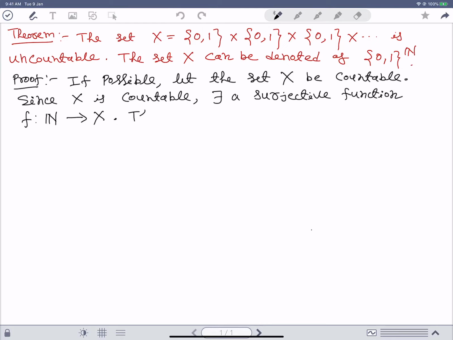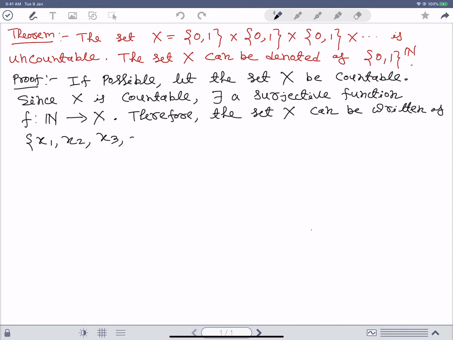Therefore the set X can be written as an infinite sequence, say x1, x2, x3 in this way, where xn is actually f of n for all n belonging to the natural numbers, right? We have already seen that. So if we have a countable set, then that countable set can be written as an infinite sequence, right?